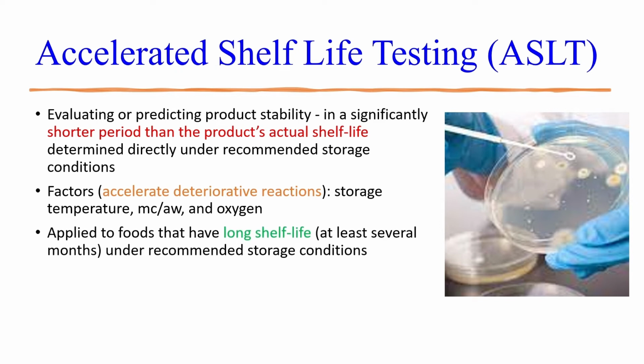But normally we apply it to foods that have a longer shelf life, at least several months. Let's say products like cultured milk, which only have a shelf life of about 2 weeks, there is no point doing accelerated shelf life testing on it.